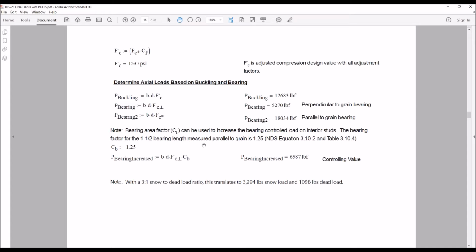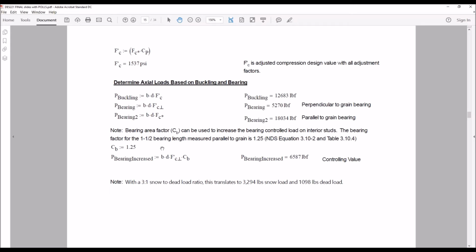However, we talked about that bearing area factor, that C sub B, that we can use to increase the bearing controlled load on interior studs. And this bearing factor is 1.25 for a 1.5 inch nominal bearing length measured parallel to grain.